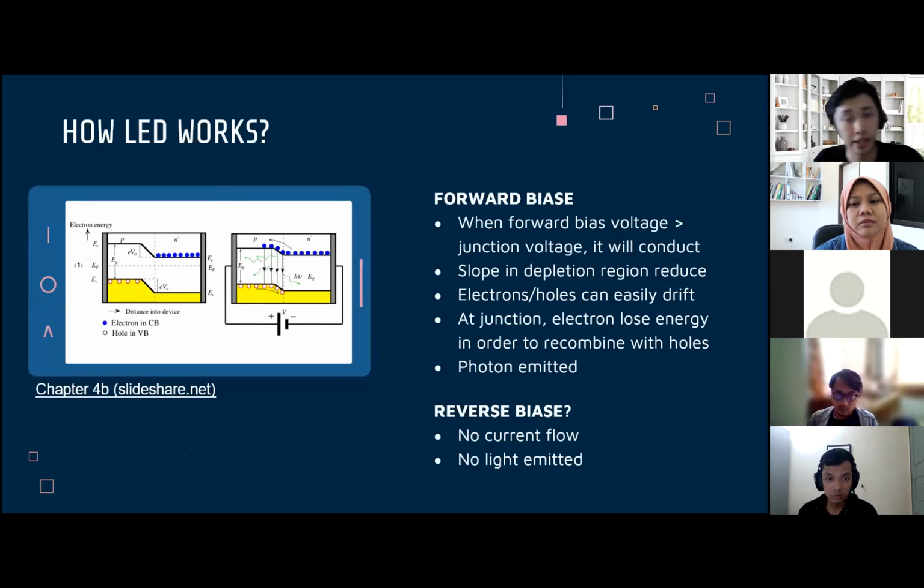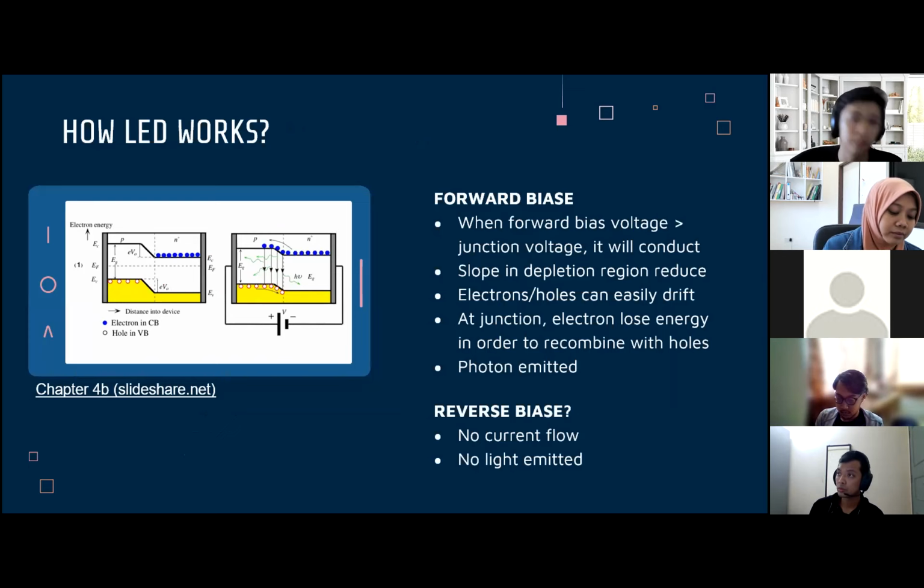So I go to how LED works. In forward bias, when the forward bias voltage is more than the junction voltage, it will conduct, or current will flow.